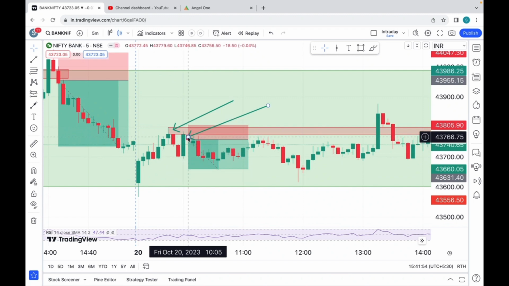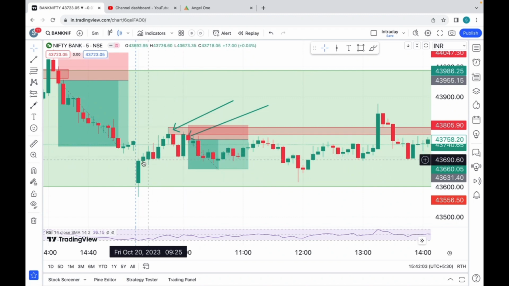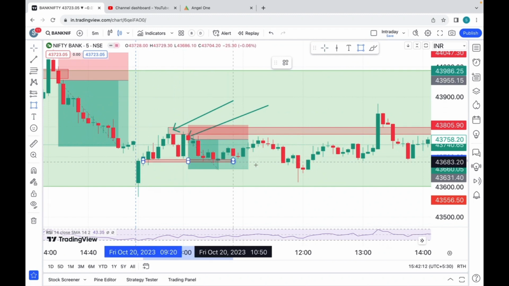above this resistance area that you have drawn recently. And where should your first target be? Your first target is the recent swing low, and approximately almost there some price action happened here. So this entire zone could have been your recent support area.